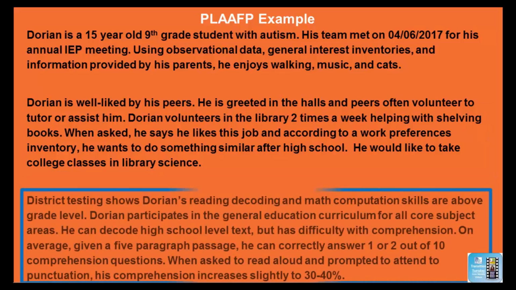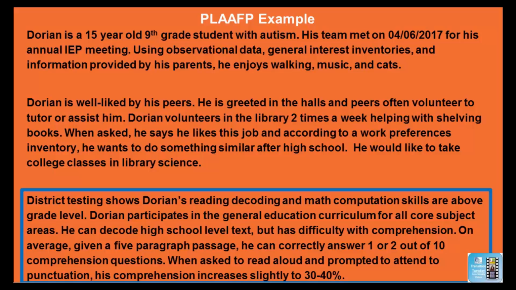The next paragraph reads, district testing shows Dorian's reading, decoding, and math computation skills are above grade level. Dorian participates in the general education curriculum for all core subject areas. He can decode high school level text, but has difficulty with comprehension.